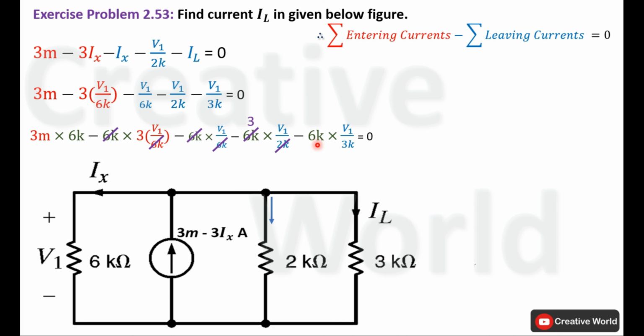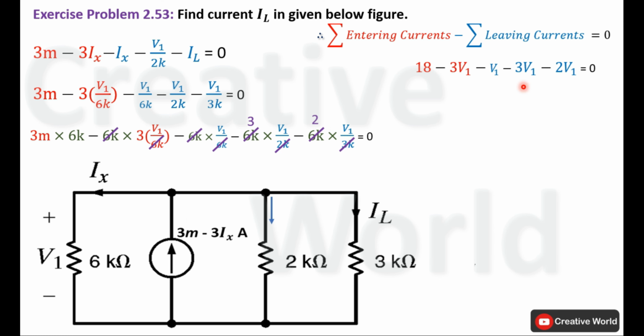And this 6K divided by 3K gives 2. The product of 3 milli and 6K becomes only 18, as milli cancels out with K. And the product of 3 and V1 becomes 3V1. Here only V1 is left, so V1 is taken here. Here 3 multiplies with V1, it becomes 3V1. And at the last, 2 multiplies with V1, it becomes 2V1.